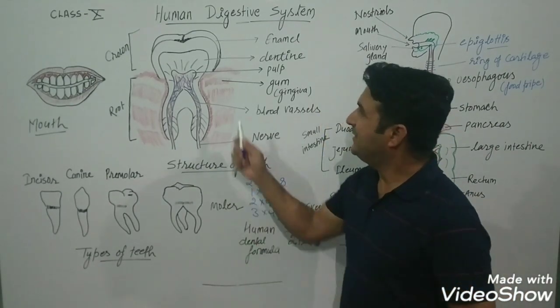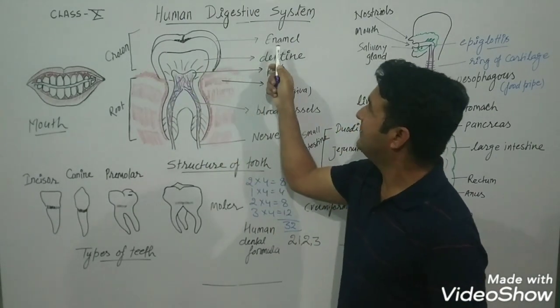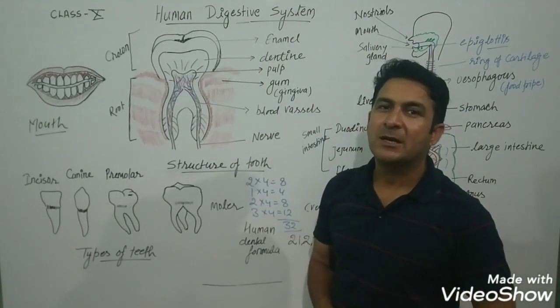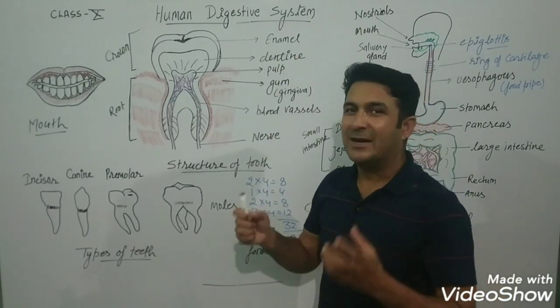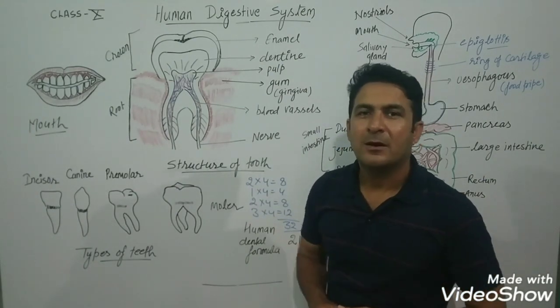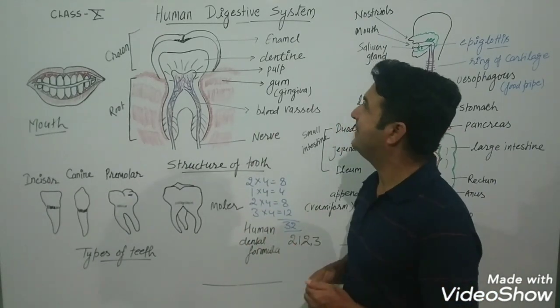In the structure of tooth, you can see the top area of the tooth is enamel, the hardest component of the human body. That's why the teeth are very strong and can grind any food particles very easily.